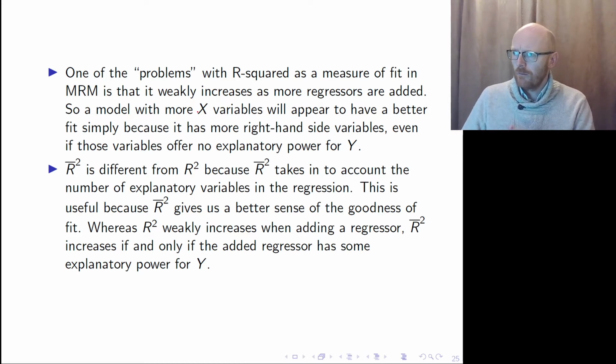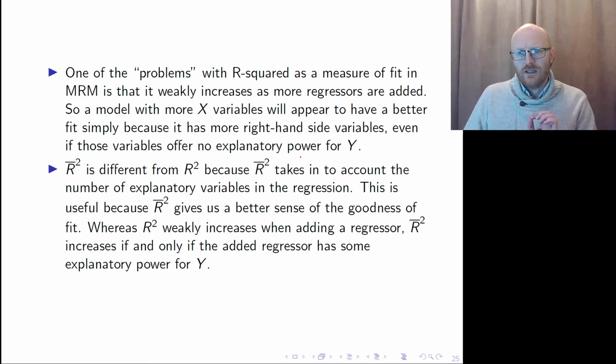So a model with more X variables will appear to have a better fit simply because the R squared does not go down, but goes up even with redundant variables.